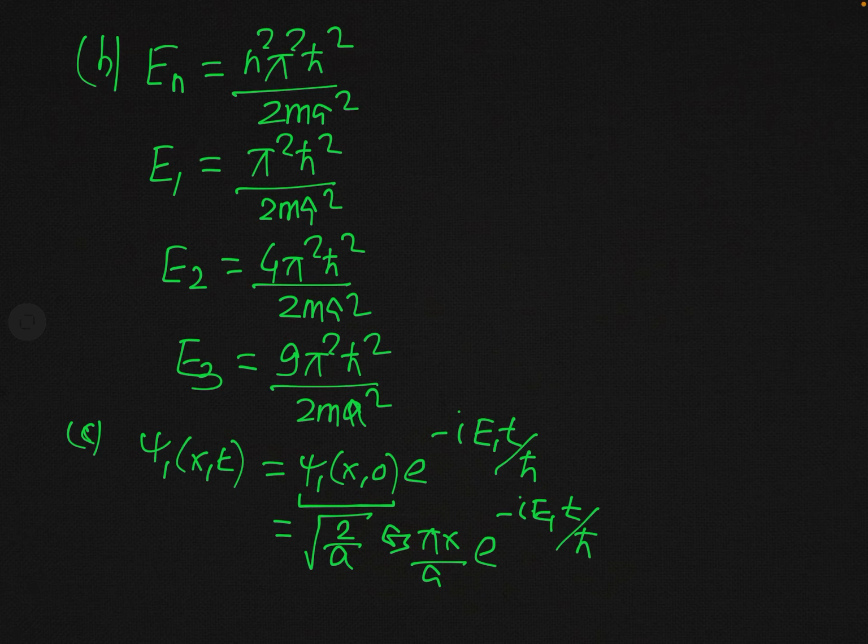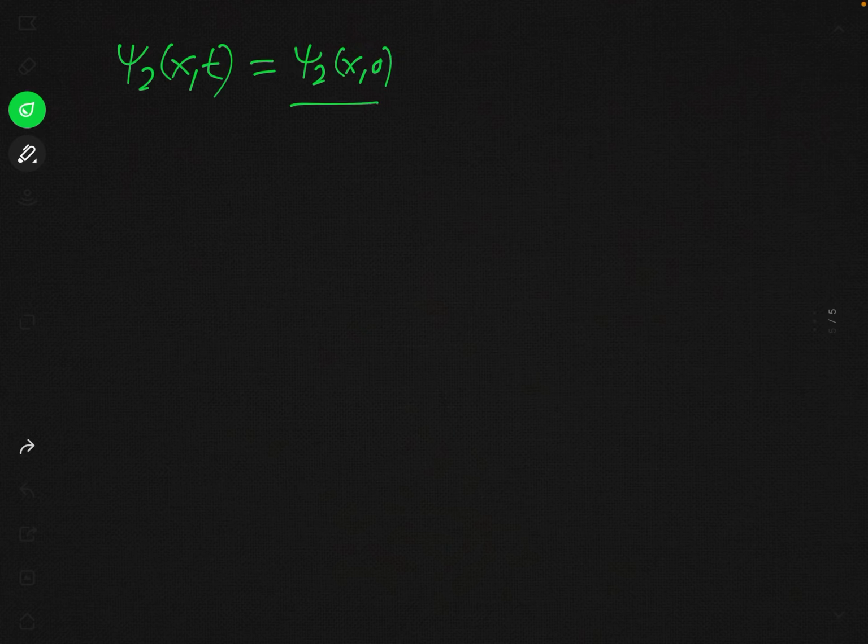Similarly, first of all we will calculate psi2 of x,t. So psi2 of x,t is what? You can write psi2 of x,t equal to psi2 of x,0, or you may simply say psi2 of x, times e raised to the power minus i E2 t over h bar.